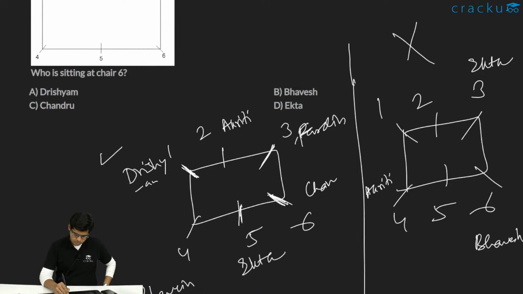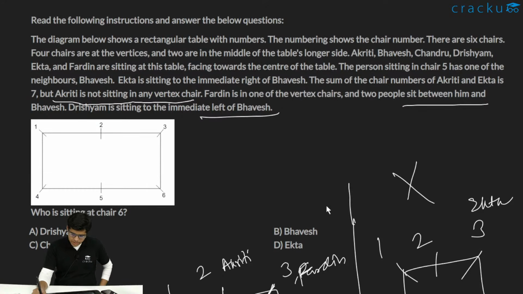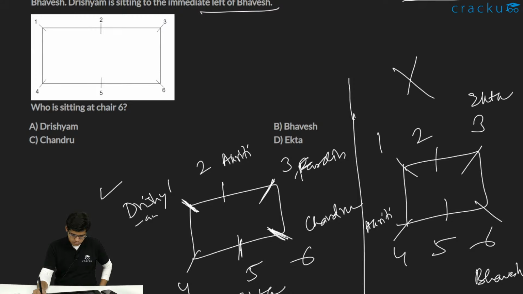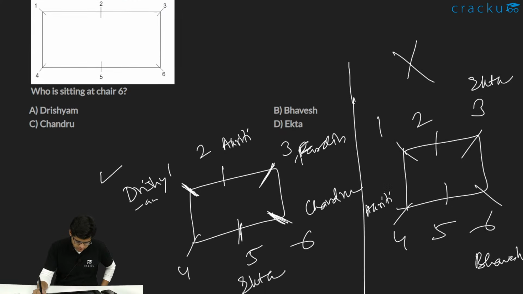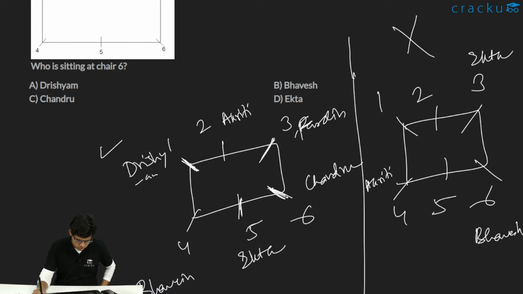Chandru is here. So this is our arrangement, guys. Seat number 1, Drishyam. 2 is Akriti. 3 is Fardin. 4 is Bhavesh. 5 is Ekta. 6 is Chandru. Who is sitting at chair 6? Chair 6 is Chandru.